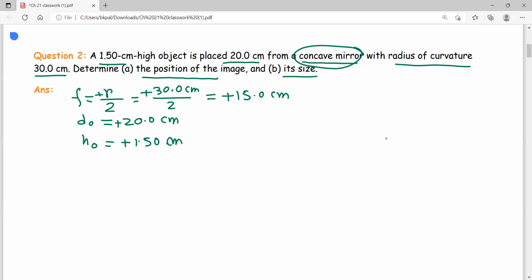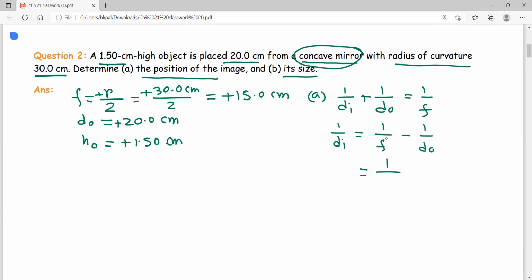Now the first one, I want to know the position of the image. To determine it, we use the mirror equation. If I solve it for d_i, I get 1 over f minus 1 over d_o. So you can plug in the values for f and d_o: 1 over 15 centimeter minus 1 over 20 centimeter.